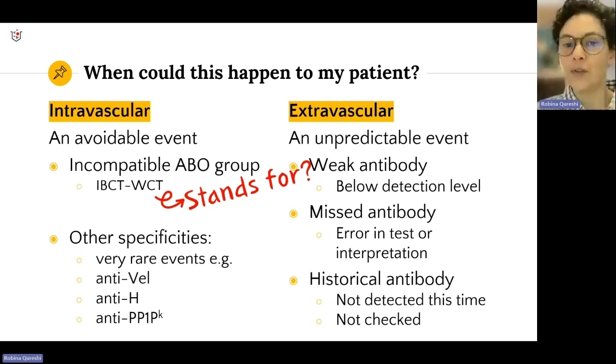So if we're so good at antibody screening and identification, why do we still see delayed hemolytic transfusion reactions? Anyone got any ideas on that? Any thoughts? Just what you've seen, what you've experienced? Oh, excellent answers.